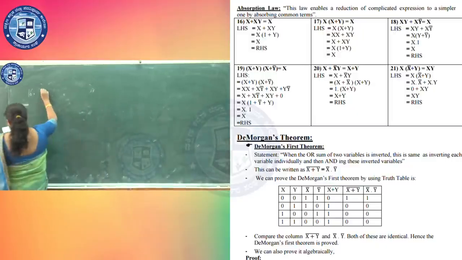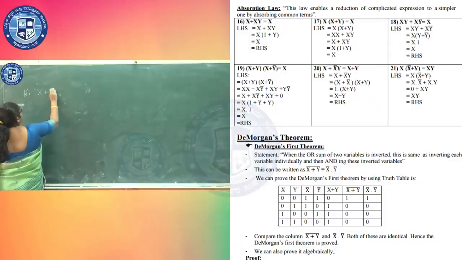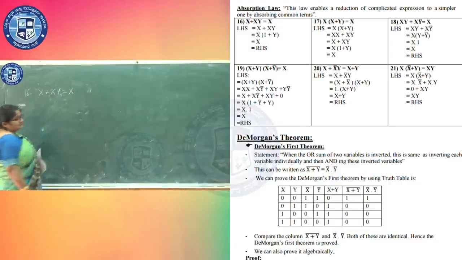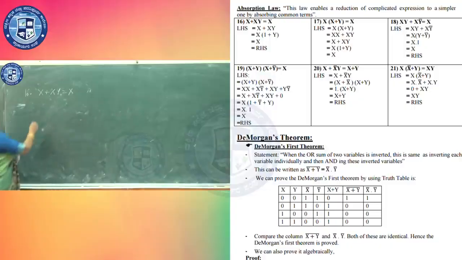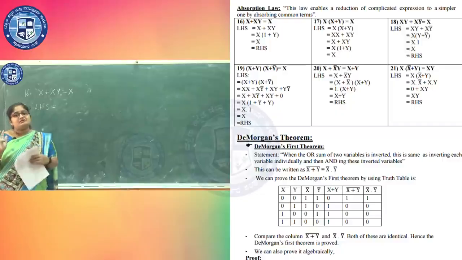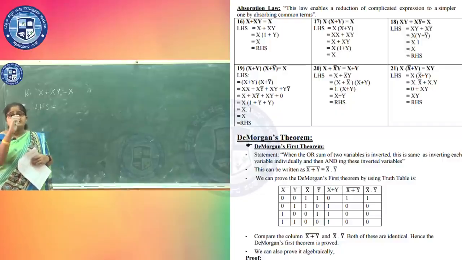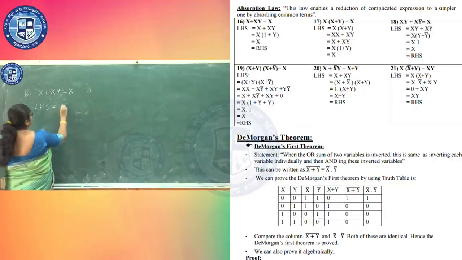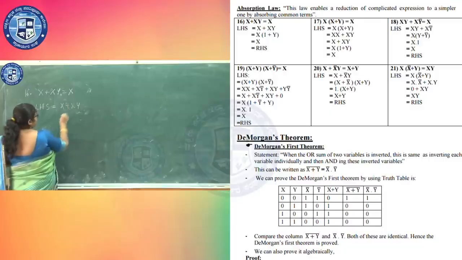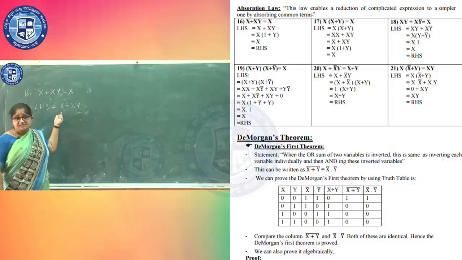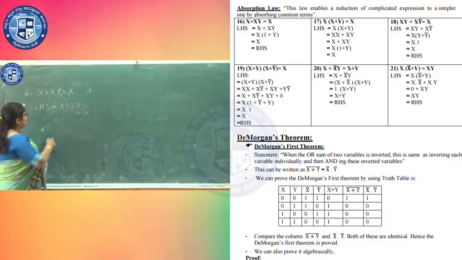So first one is x plus xy, that is equivalent to x. This is the 16th theorem, wherein we are proving it the same way, but not by substituting the x value to 0 or 1. We are simply simplifying it using the algebraic equations. X plus xy I am taking. I can take the x common outside because they are the common terms there.